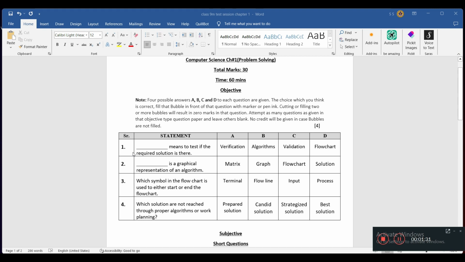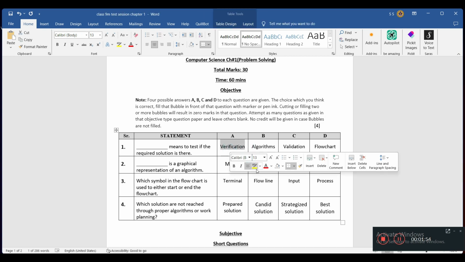In validation, we test whether this solution is according to the given problem. In the verification phase, we check whether the solution is giving the required results or not. So the correct answer is verification.